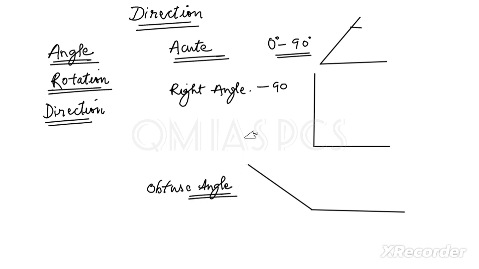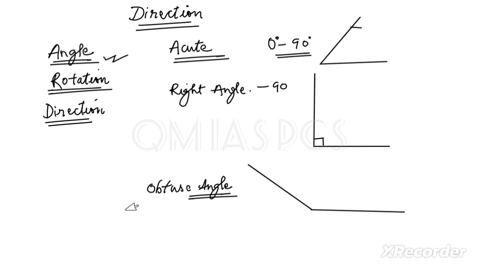Here we are not going to learn about the triangle thing, but still, if all angles are acute, then that triangle is an acute angle triangle. If one angle is a right angle, then that triangle is a right angle triangle. And if one angle is obtuse, then that triangle is an obtuse angle triangle. Clear? Fine. So the angle thing is completed.